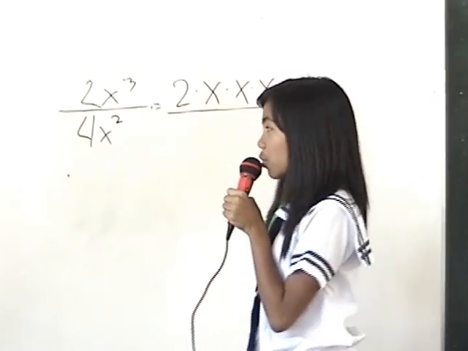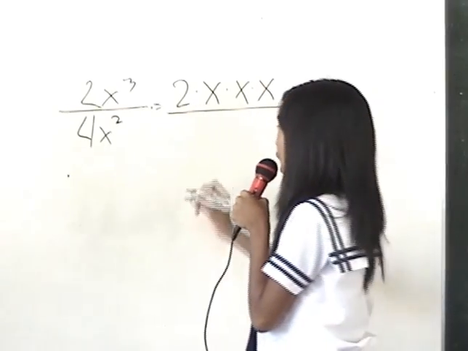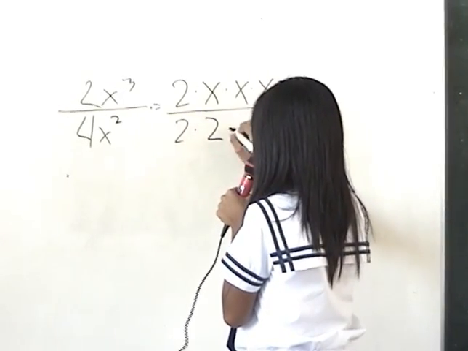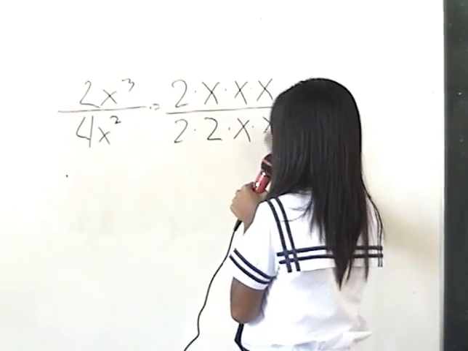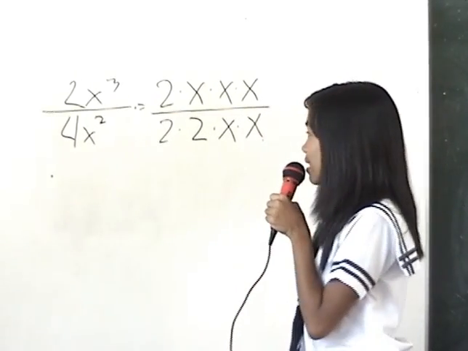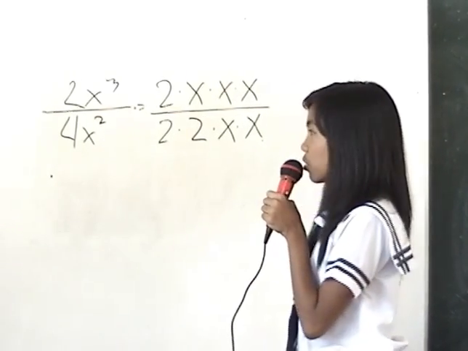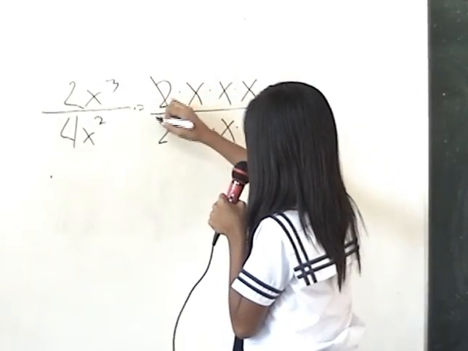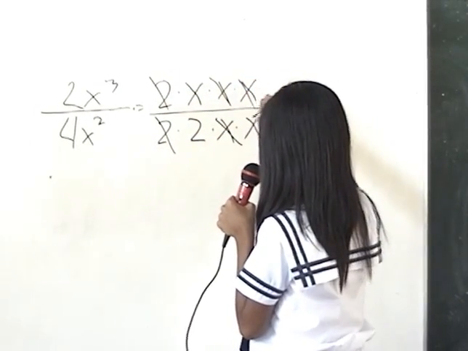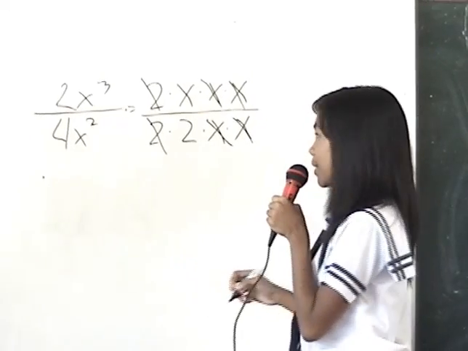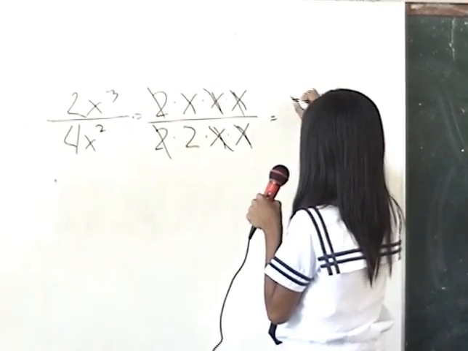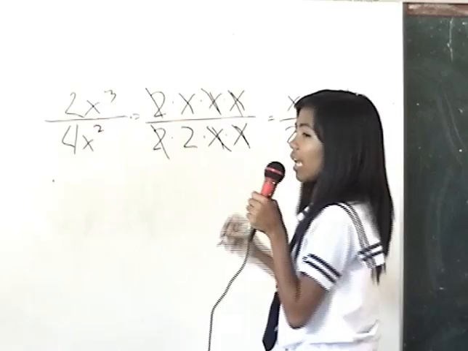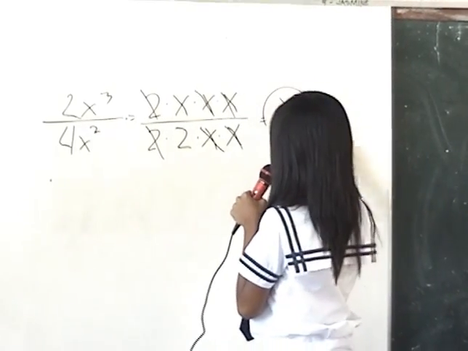While the prime factors of 4x squared are 2 times 2 times x times x. We have to cancel out all the common factors. And we just copy the remaining factors, which are x over 2. And the result is x over 2.